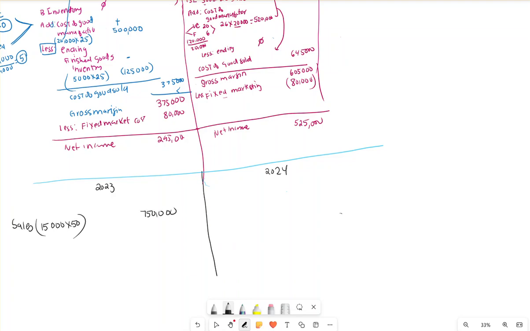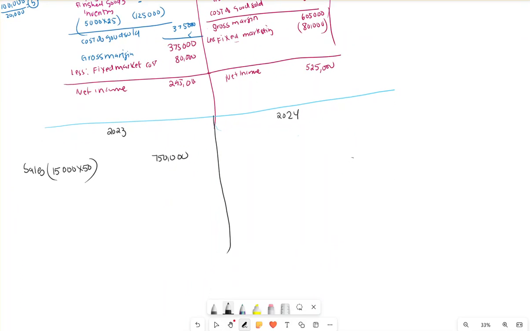And my next, we have to separate my variable and fixed. So we have a variable cost of goods sold. We have a beginning inventory. Add your cost of goods manufactured, and deduct your finished goods, ending finished goods inventory.